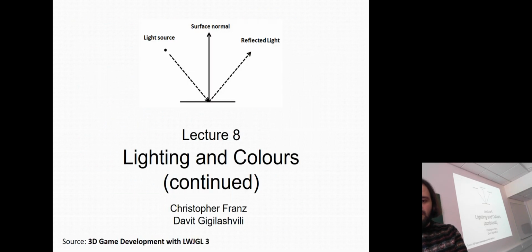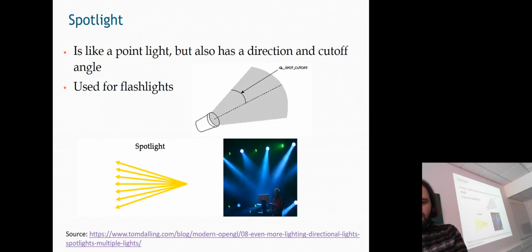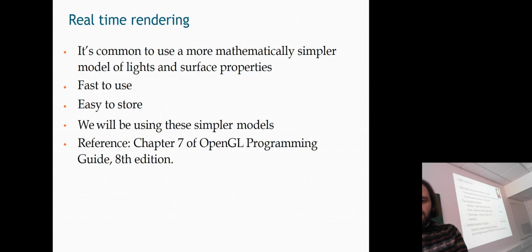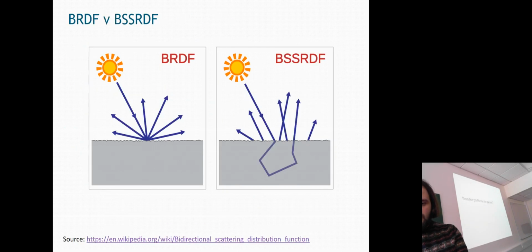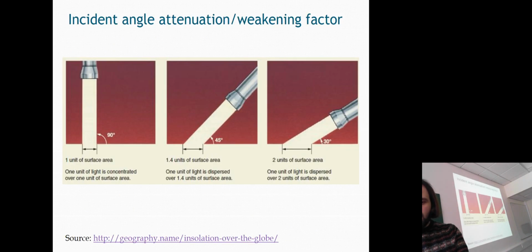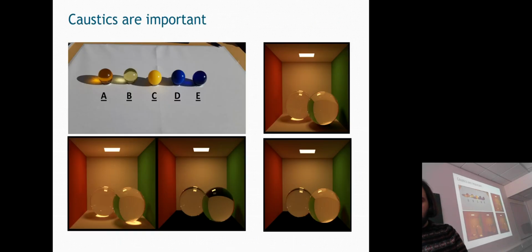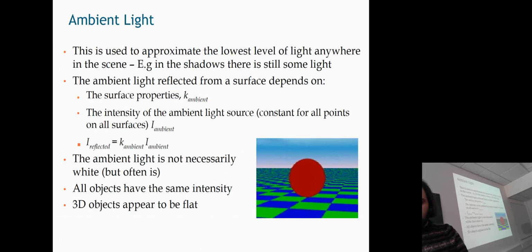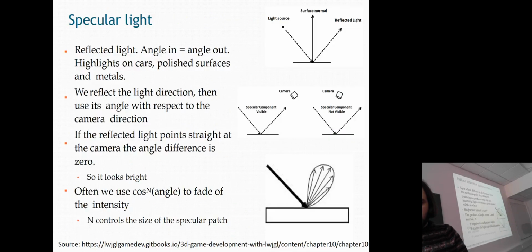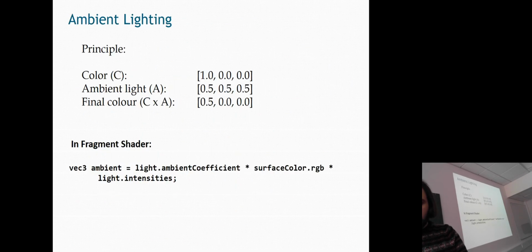When it's 90 degrees we have all the light intensity concentrated, while as the angle decreases, this amount of light is spread over the surface, so we have this attenuation and diffuse spread.